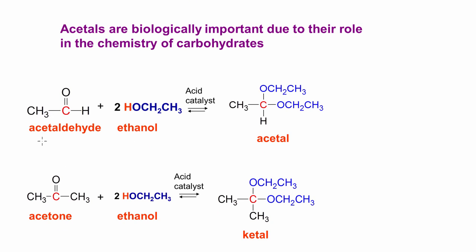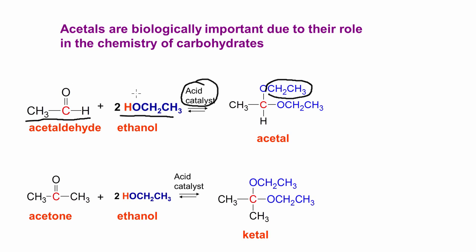So here we can react acetaldehyde with 2 moles of ethanol, or 2 ethanol molecules. Again, we need an acid catalyst, and so we have this group here add to the oxygen.